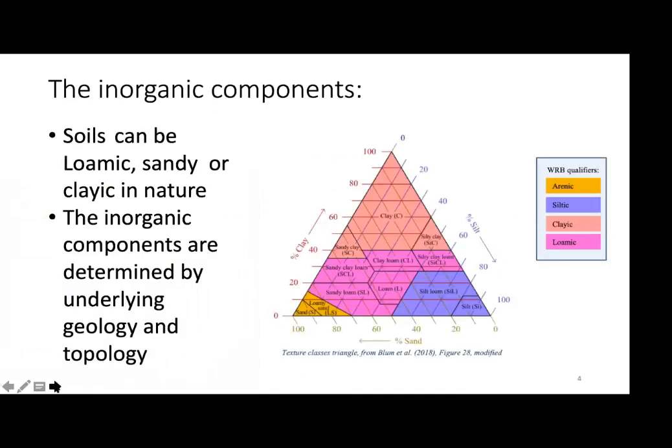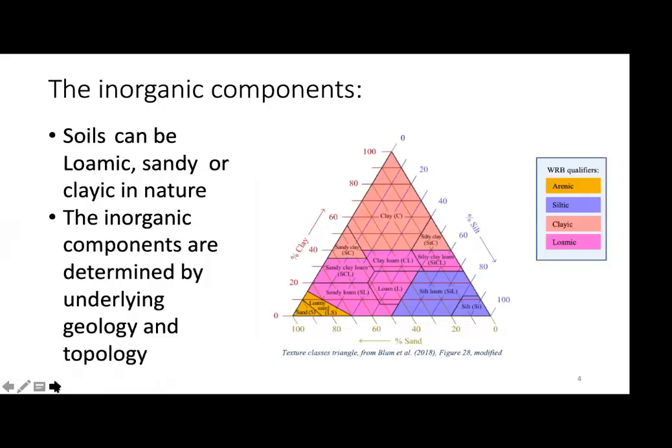Soils are described as loamy, sandy, or clayey in nature, and this graph shows you how those components interact. The amount of clay in the soil is represented on the left side of the pictorial there, with 0% in the bottom corner up to 100% in the apex.